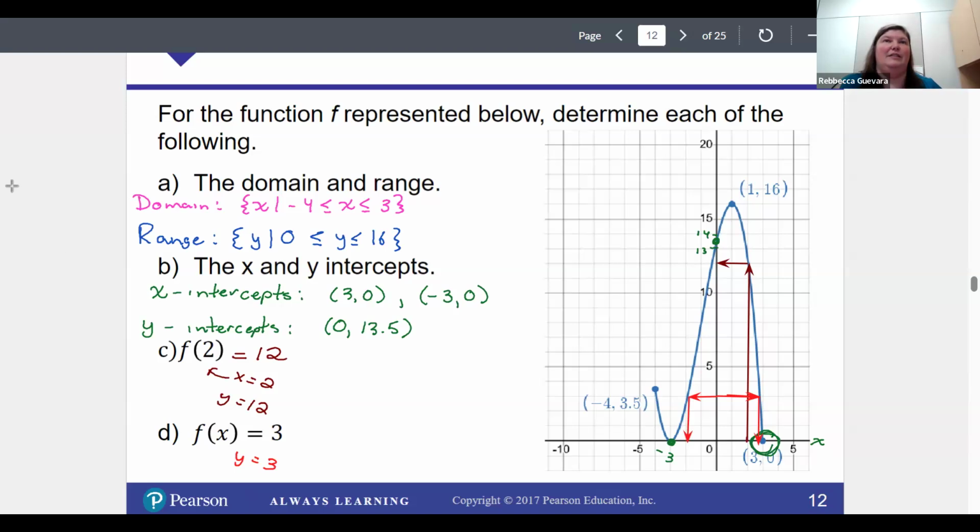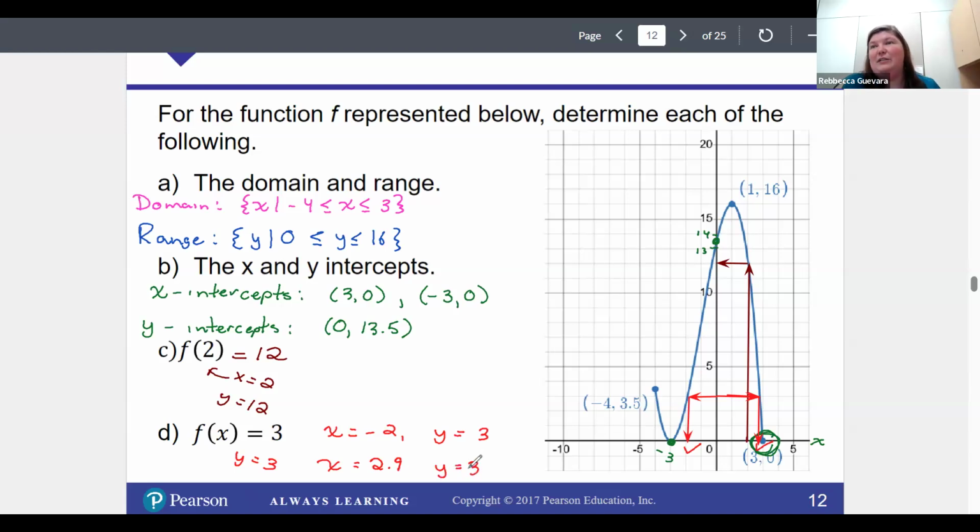So in this case, it's still a function. This is okay. I can't have f of 2 go to 2 points, because that means I put in an x and got 2 y values. According to this point over here, x is -2, y will be 3. That's okay. If I go to this point over here, that's when x is just a little below 3, so let's say maybe 2.9.